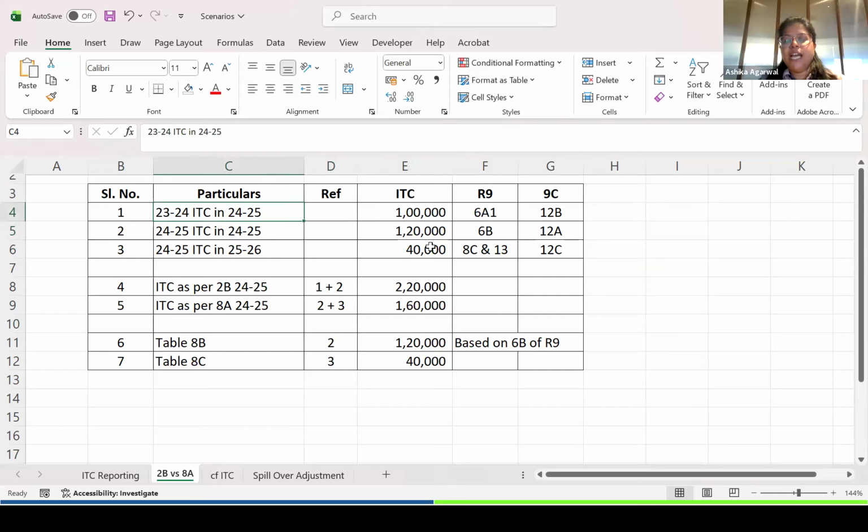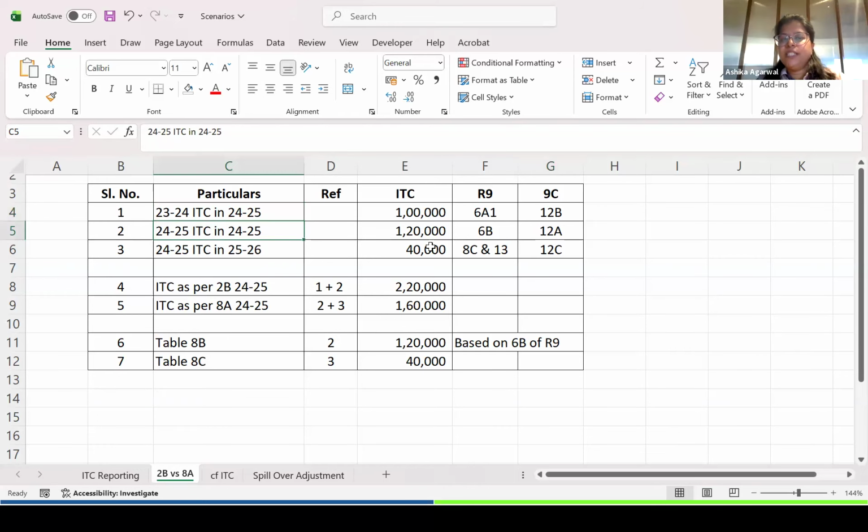So how will the reporting happen? 23-24 ITC will go in 6A1 of GSTR-9, and obviously you would have parked this ITC last year as a carry forward. So in 9C, table 12, which deals with books ITC, you will show it in table 12B as brought forward ITC.